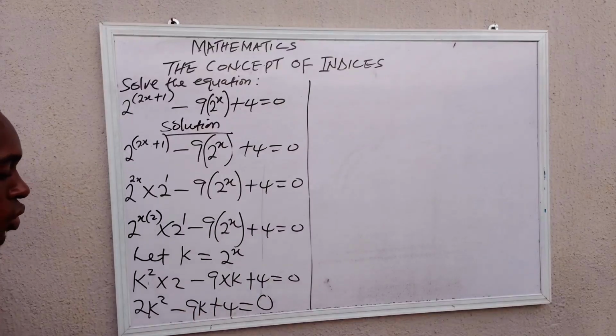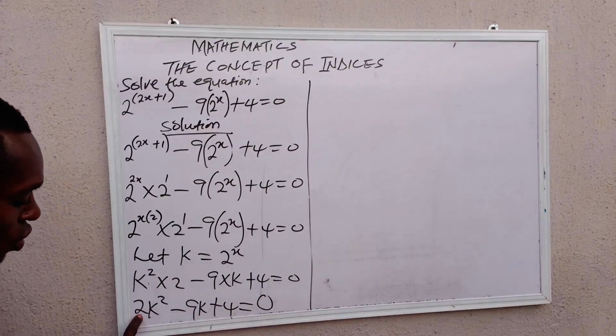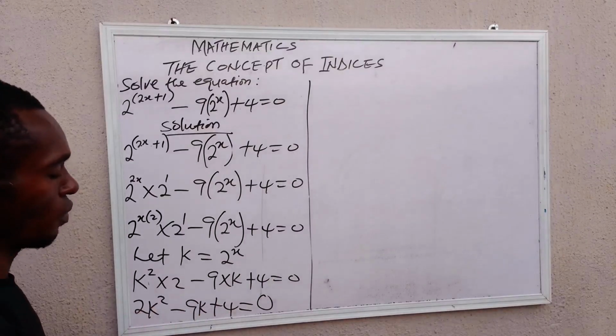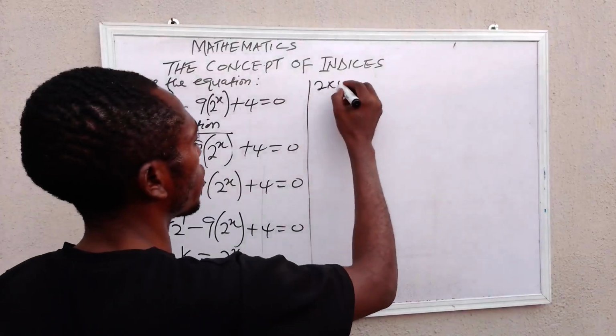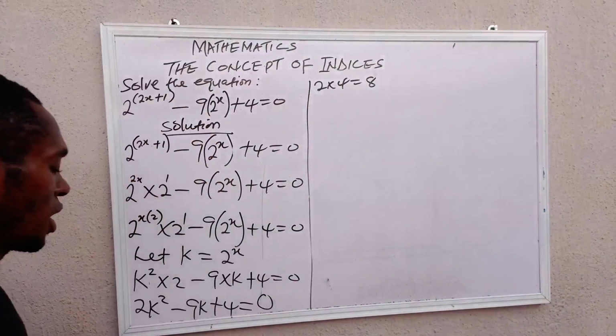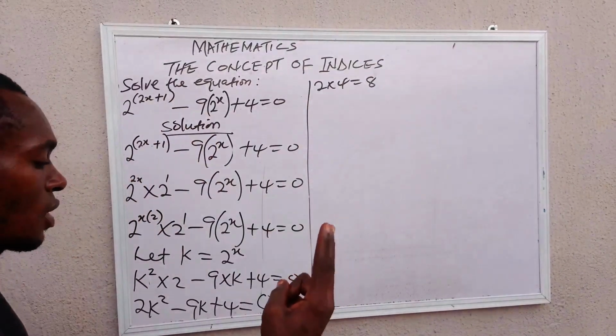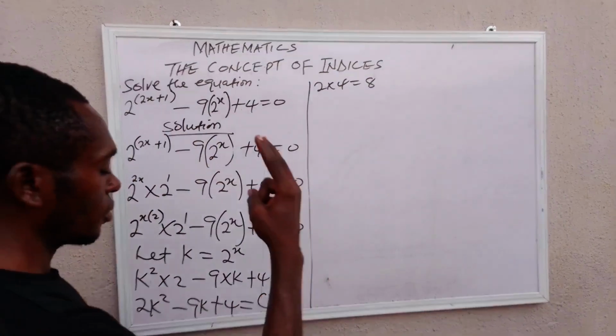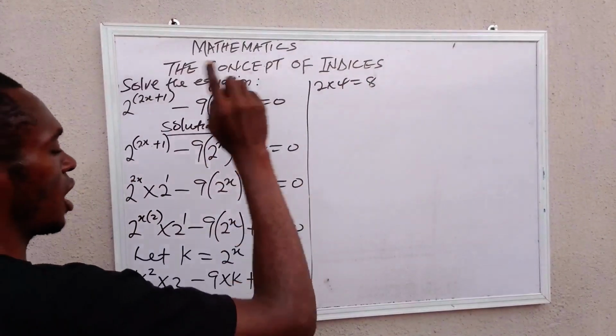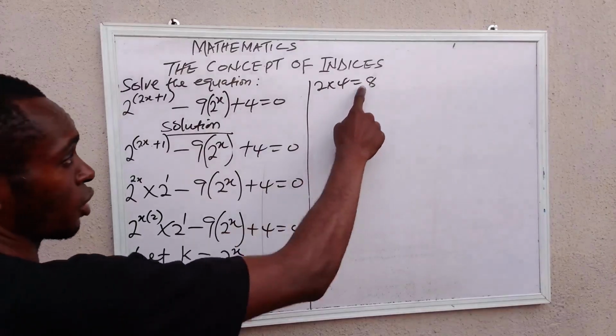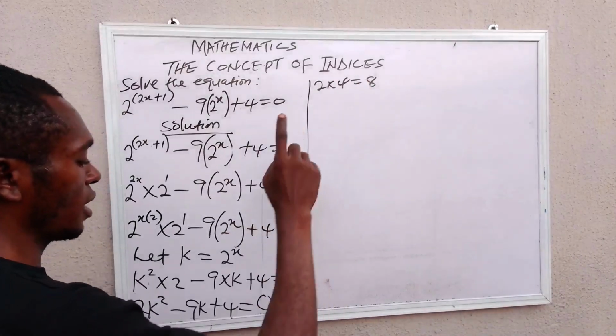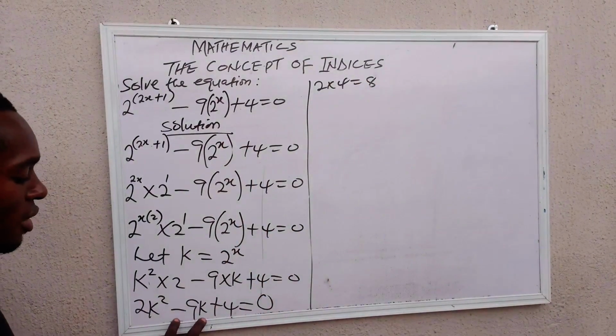So in solving this quadratic equation, since we have a 2 here, a coefficient carrying this k squared, we're going to multiply 2 by 4. So we have 2 times 4, which is 8. So what two numbers, when I multiply them by themselves, will I get 8, and when I add the numbers, I will get minus 9?